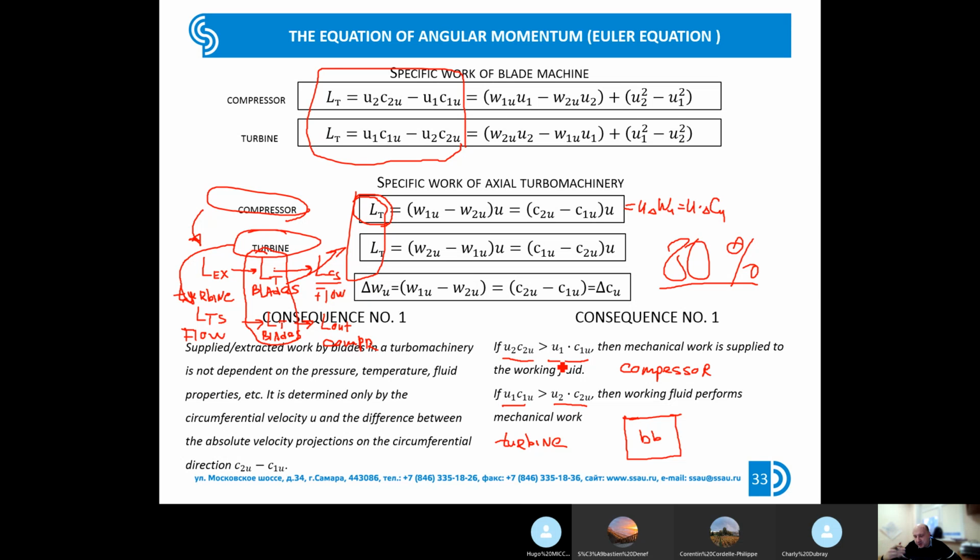Sometimes, especially during student calculation, you could find that you are calculating a compressor, and you receive U2 multiplied by C2U less than U1 multiplied by C1U.